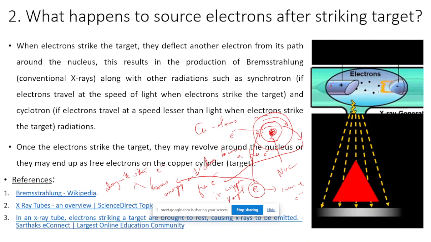So actually the thing is, copper is a metal. We already discussed in the first class that it will have a sea of electrons, meaning lots of free electrons, and they will just be traveling throughout the target. The electrons that are impinging will stay there itself.